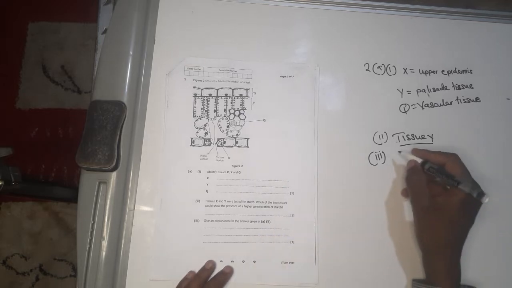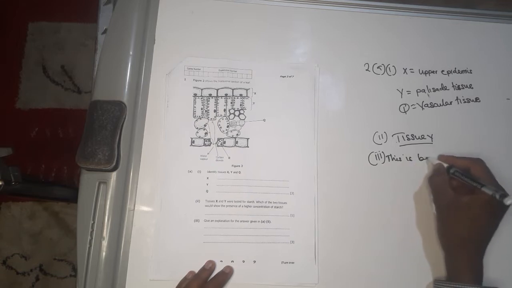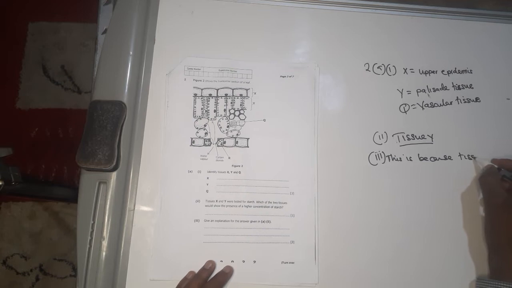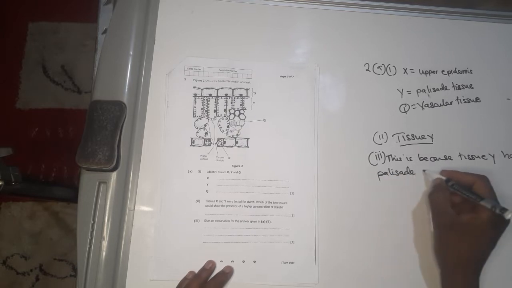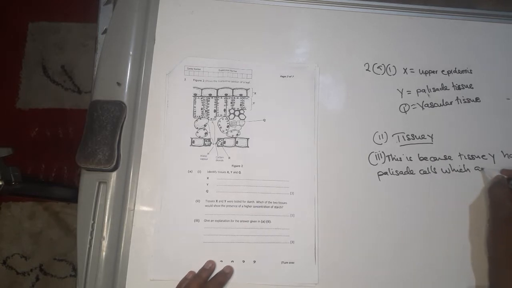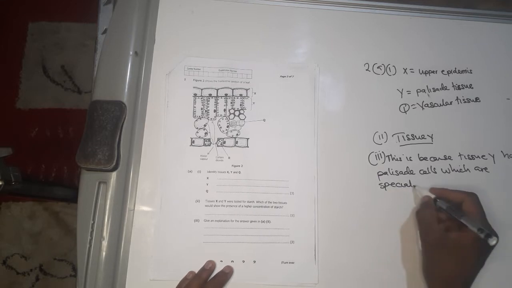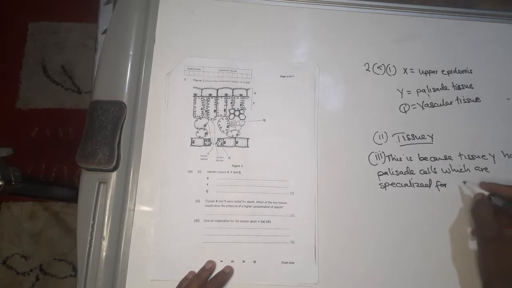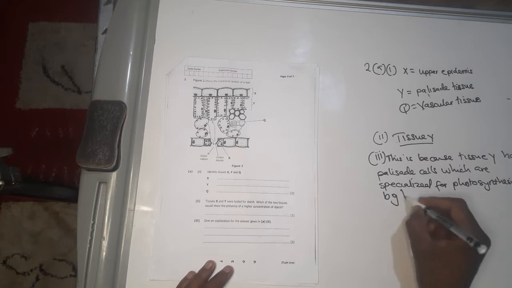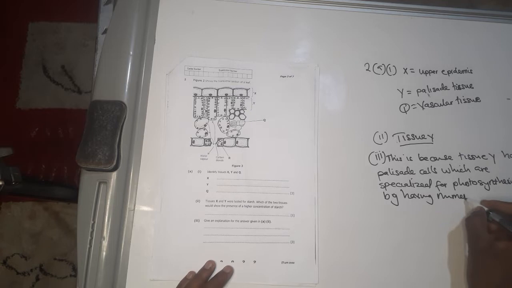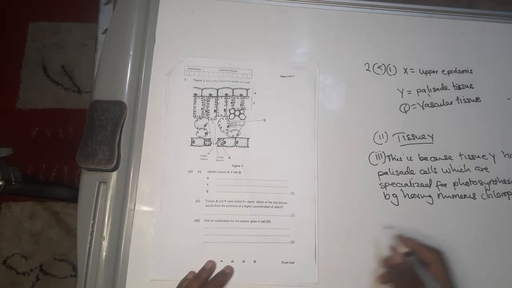So this is because tissue Y, which is a palisade tissue, has palisade cells which are specialized for photosynthesis by having numerous chloroplasts, as compared to other parts of the cell.